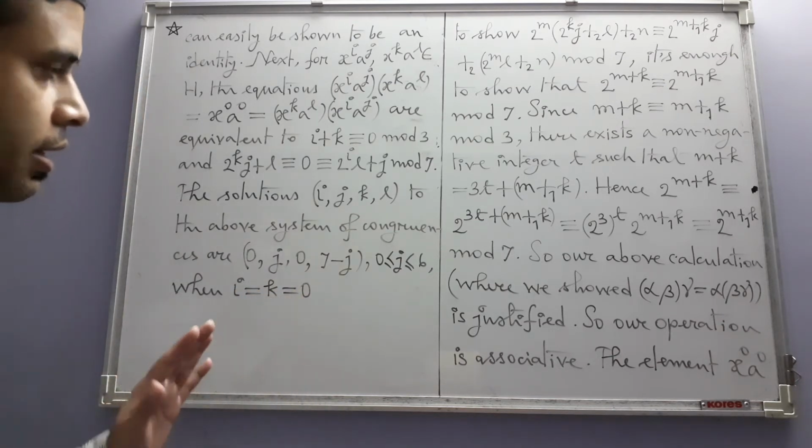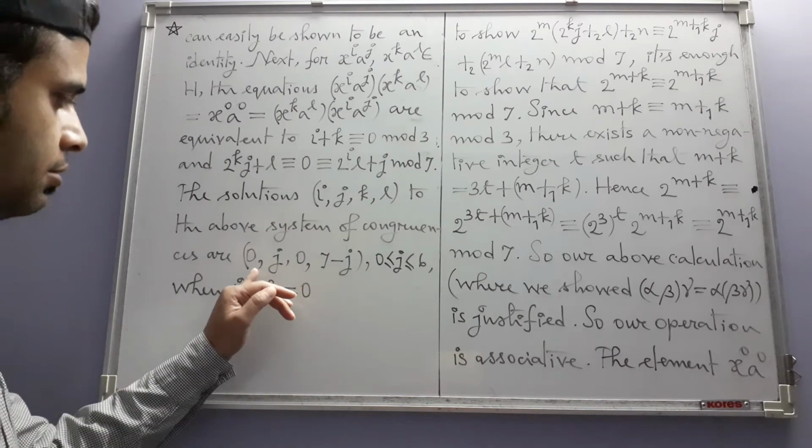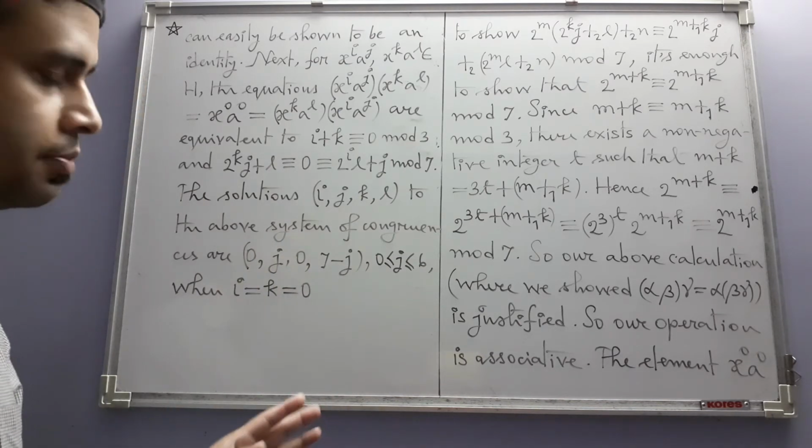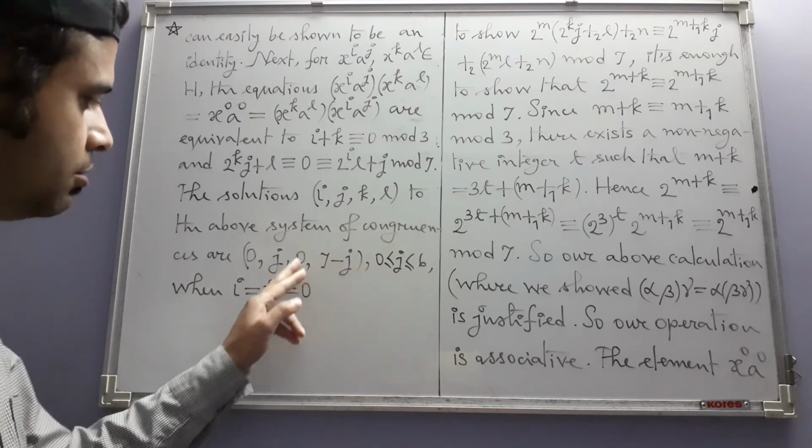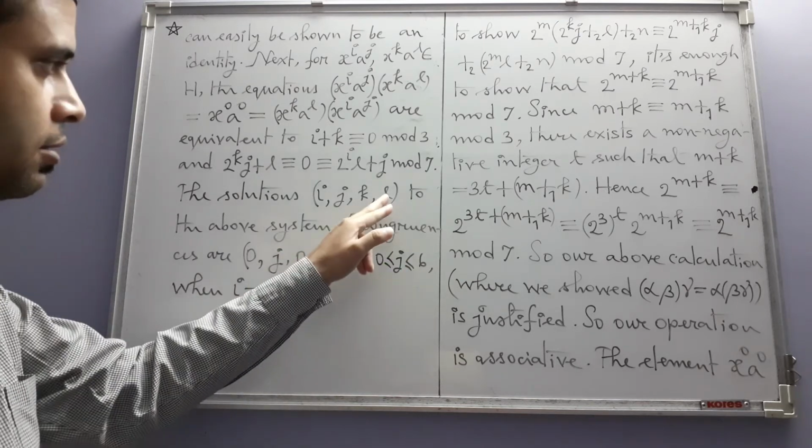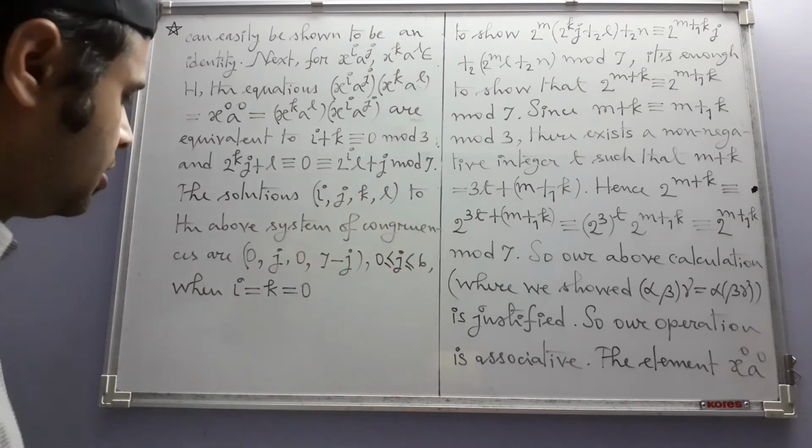When i and k are 0, then these are the solutions. Then for any j you choose between 0 and 6, l will be 7 minus j.